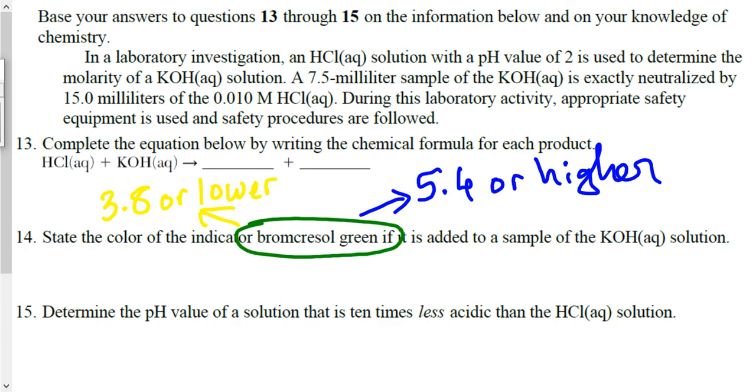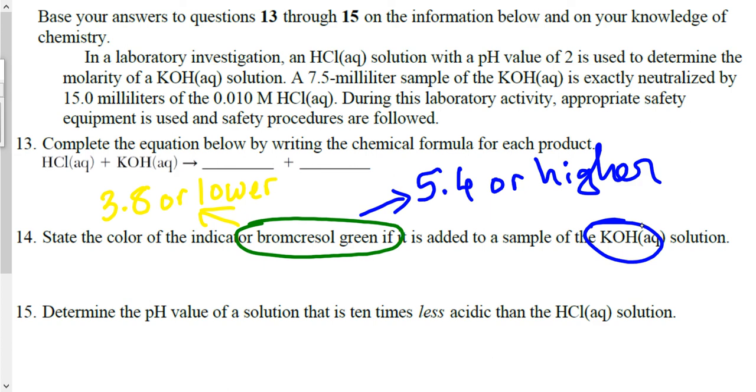For question number 14, you are using an indicator, which is bromocresol green, and the indicator is used in a sample of KOH. Again, you need to know at this point KOH is a base. If you don't know, you can look at reference table L, potassium hydroxide.